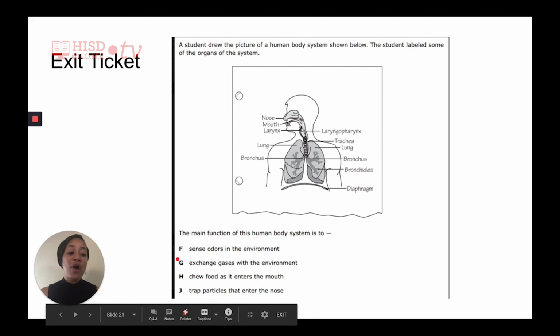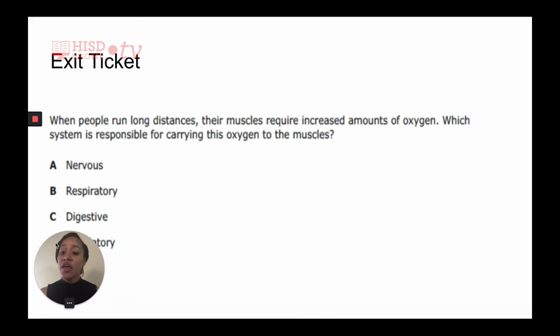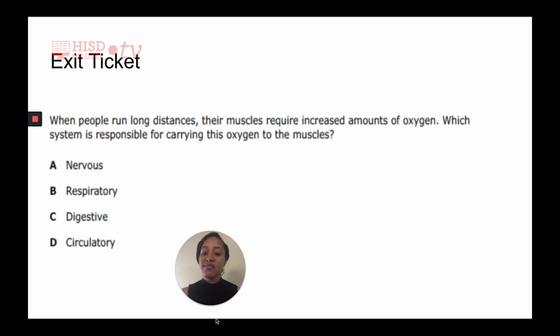All right, we have one question left. When people run long distances, their muscles require increased amounts of oxygen. Which system is responsible for carrying this oxygen to the muscles?